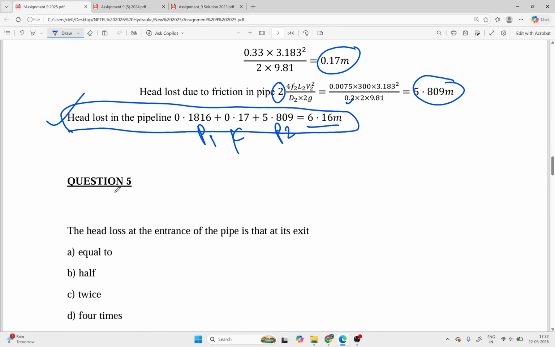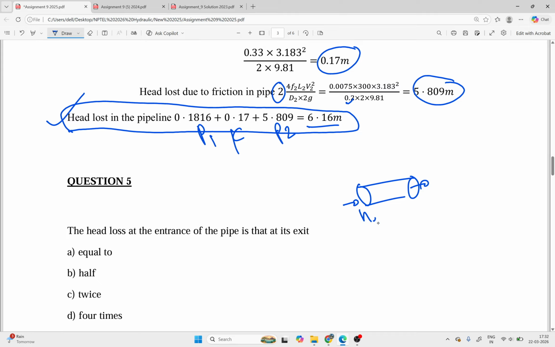So here the question is asking about the head loss at the entrance of the pipe. If this is your pipe, this is the entrance and this is the exit. So head loss at the entrance and head loss at the exit, the relation between these two.